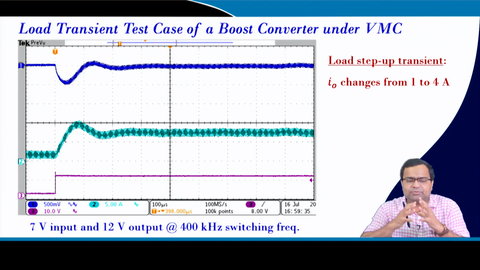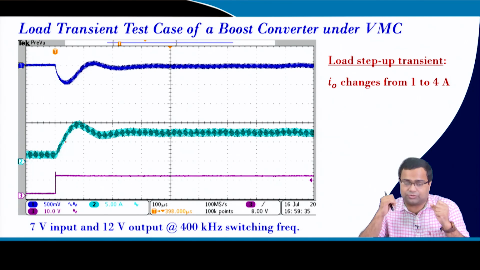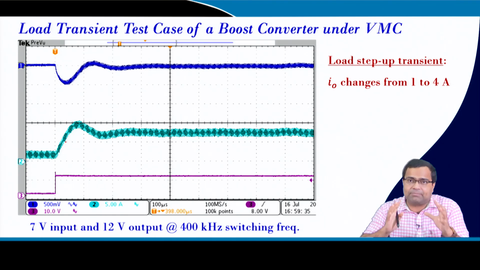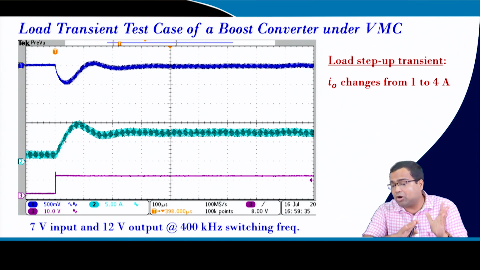Now, here I am showing a load transient test case of a boost converter under voltage mode control. So, here as a designer I have designed the boost converter, but I am not revealing how.